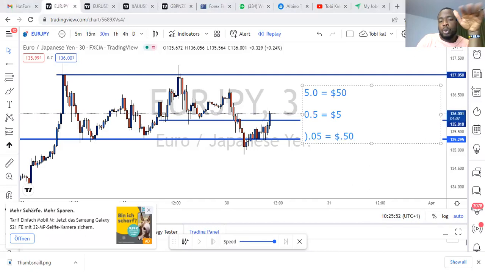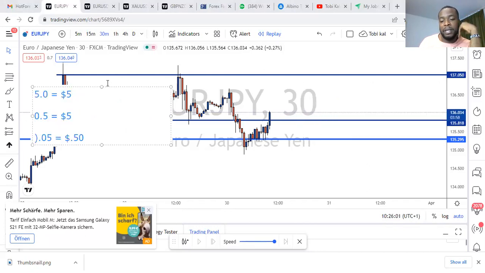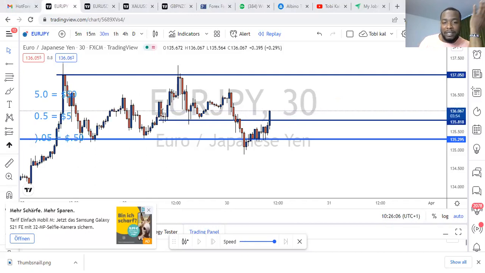When we're talking about Forex, basically everybody makes the same amount of pips, but what differs is the risk that individuals are taking.